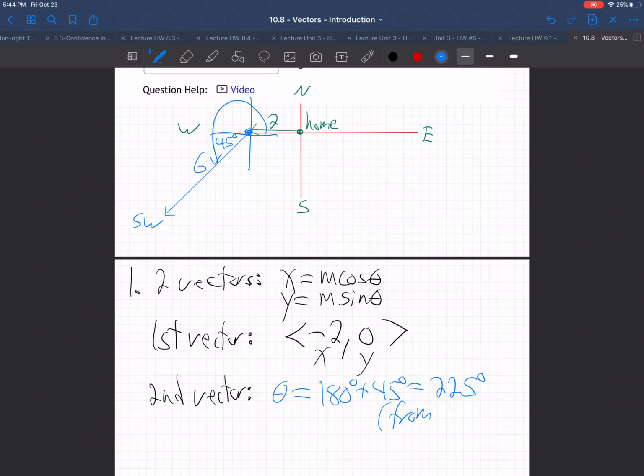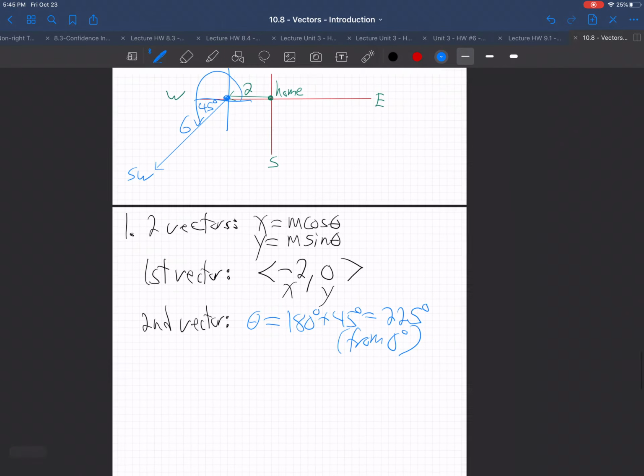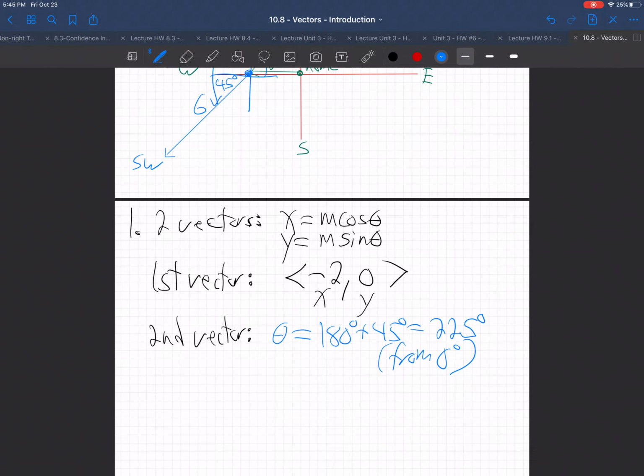That's from 0 degrees counterclockwise, right? That's how we measure actual angles. So that vector is 225 degrees. So the x component for that vector is going to be 6 cosine 225, and the y component is 6 sine 225.